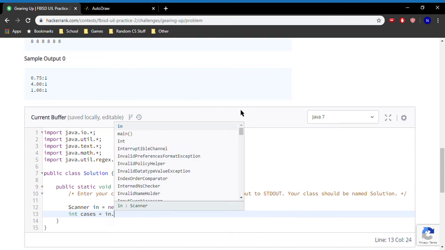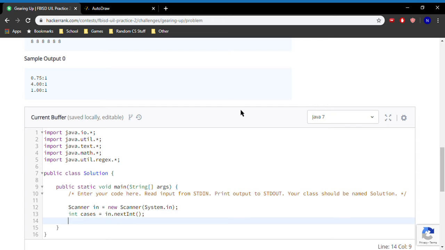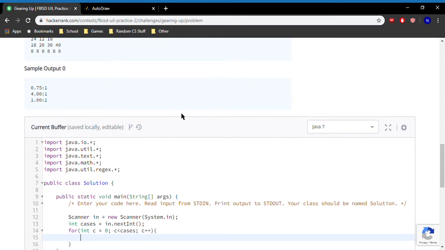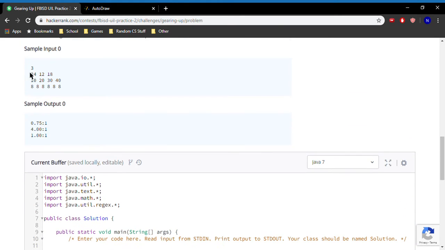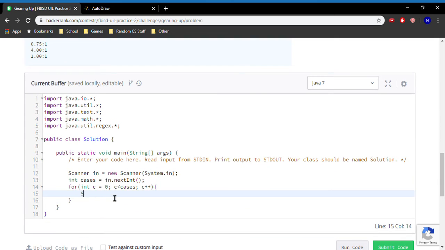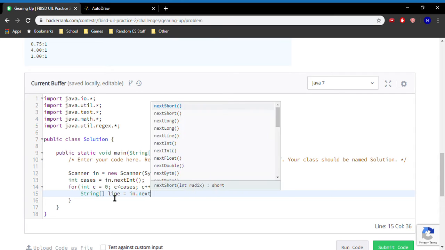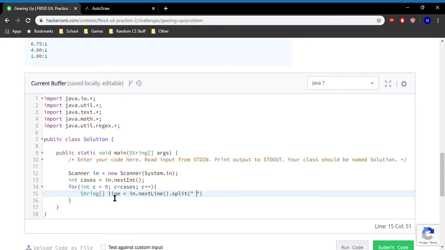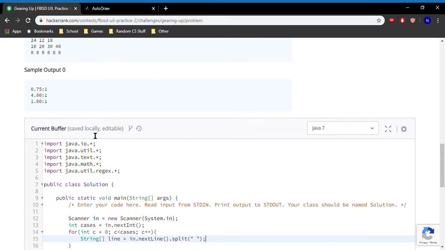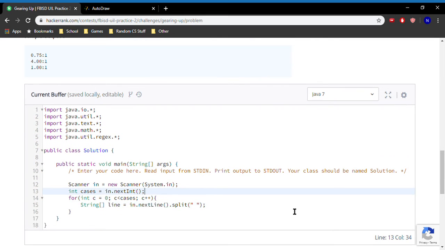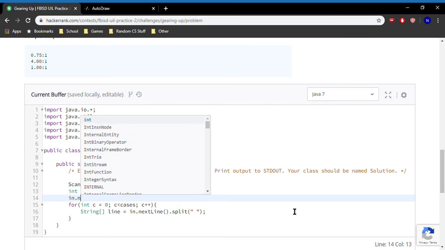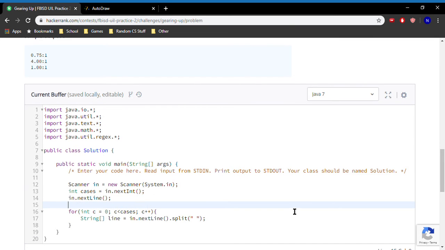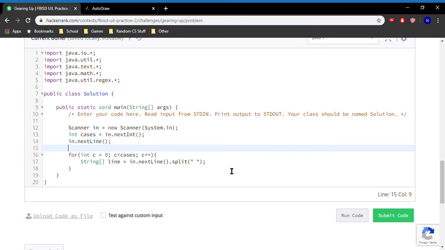So this will loop through each of the test cases. Then we want to take the whole gear chain. So we can do that by reading the next line and splitting it. This will give us a string array of the entire gear chain, and we just need to remember to flush out the next line since we're using Scanner. If you're not using Scanner, you probably don't have to do that.